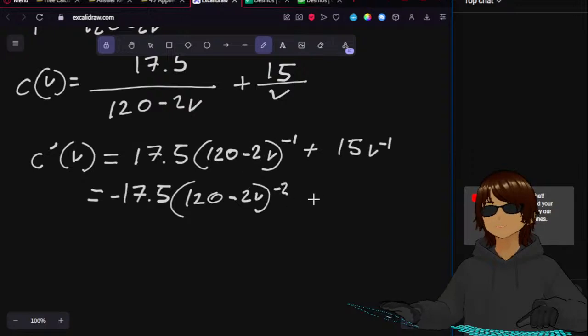Yes, and then times the derivative of the inside. It's minus 2. That's it. With this becomes minus 15v like that.